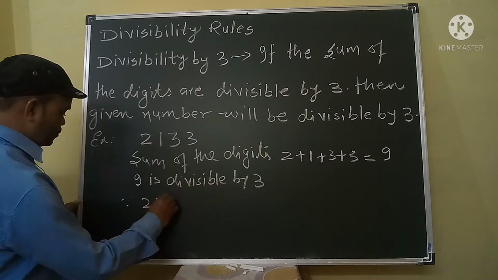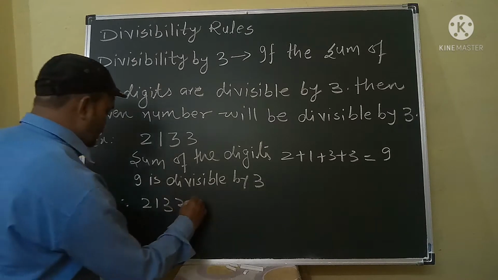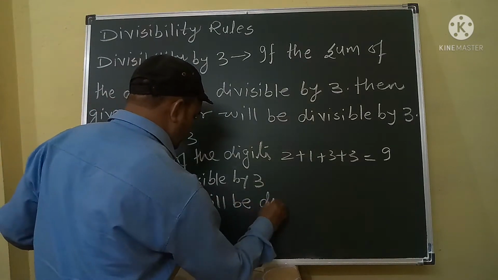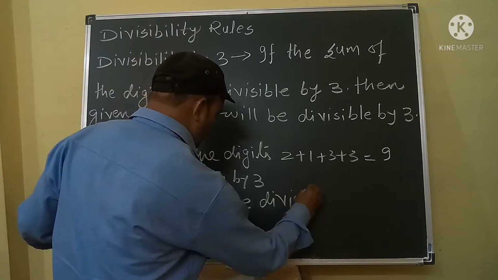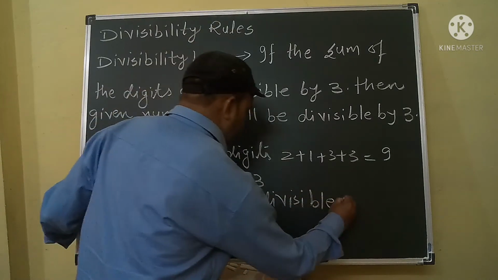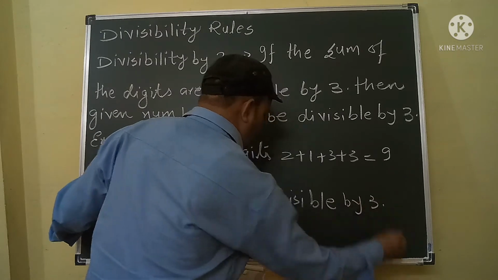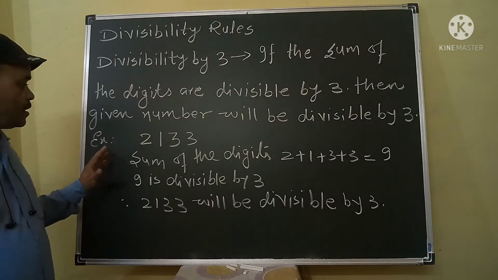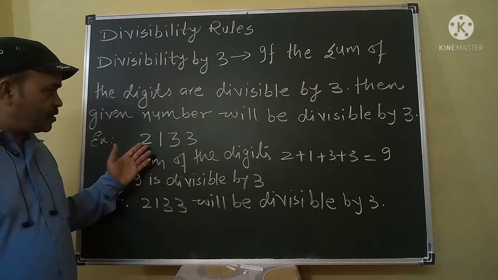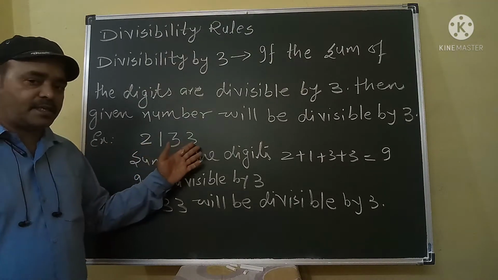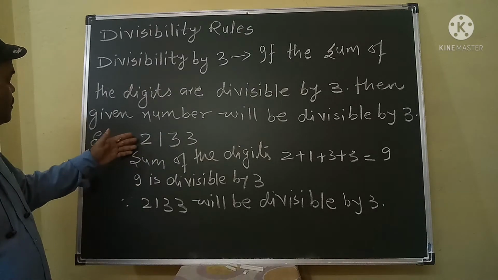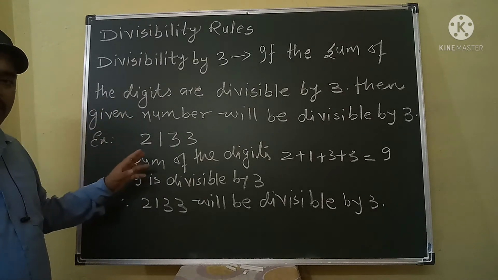Therefore 2133 will be divisible by 3. Suppose this is one number, 2133, and you want to check whether it will be divisible by 3 or not.